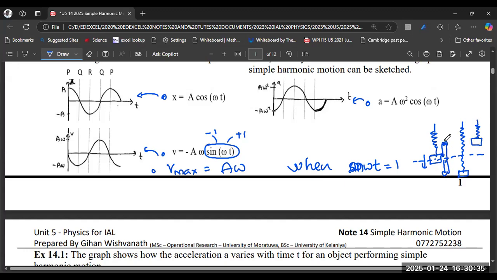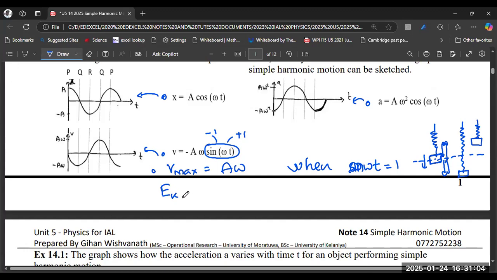So when it is oscillating like this, the maximum velocity happens when the object passes the central equilibrium. I think everybody can understand that. So when the object passes the central equilibrium, this oscillating system would have the maximum kinetic energy.